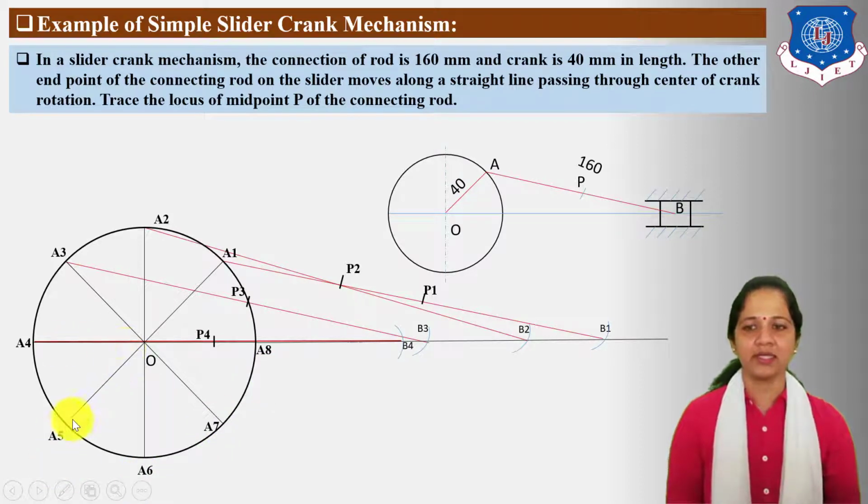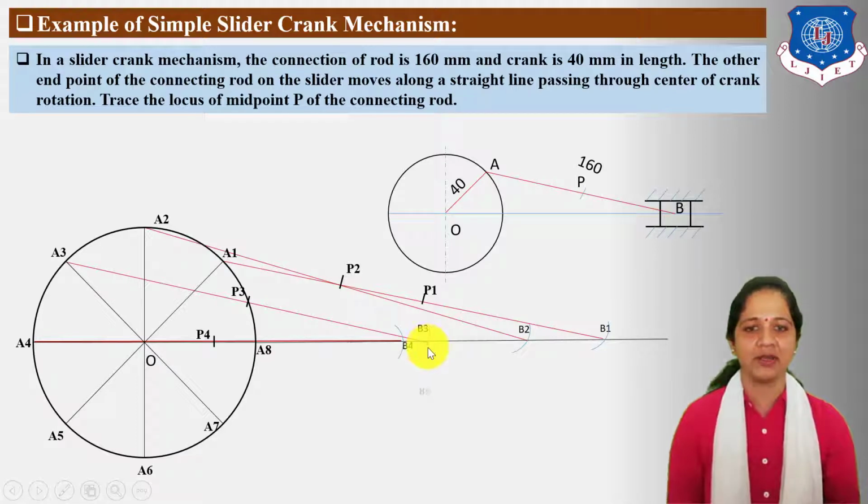Here you can see the angle of the A5 and A3 positions of the crank is the same from this horizontal reference. So the position of slider B5 for the A5 position of the crank is at the B3 position of the slider.